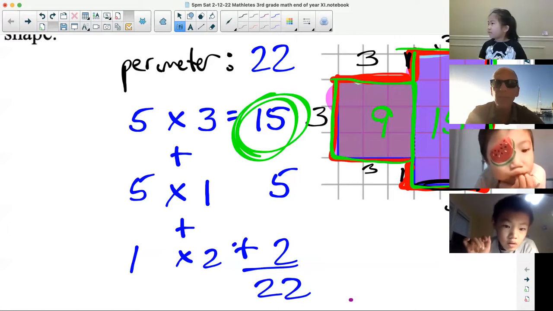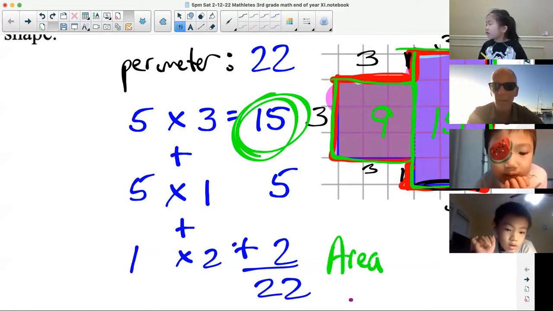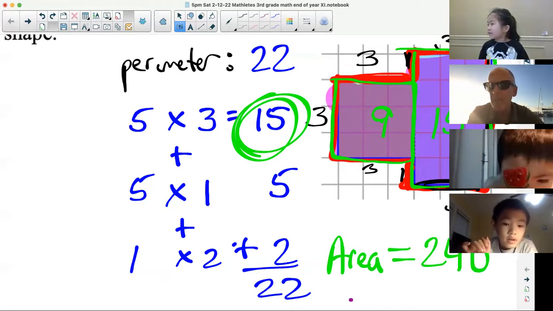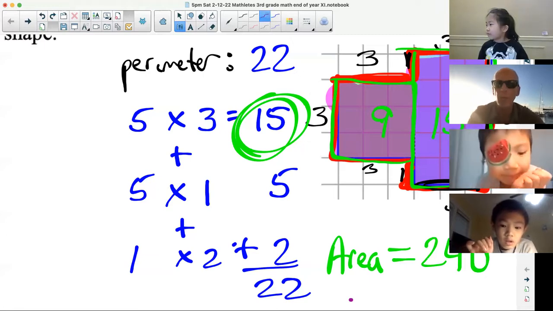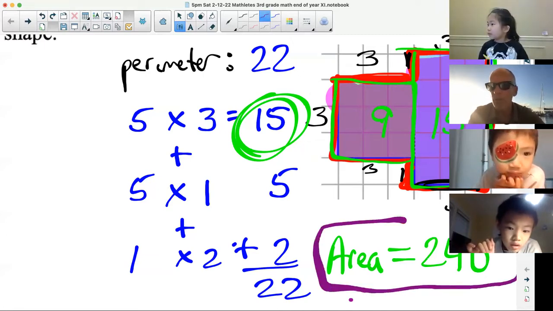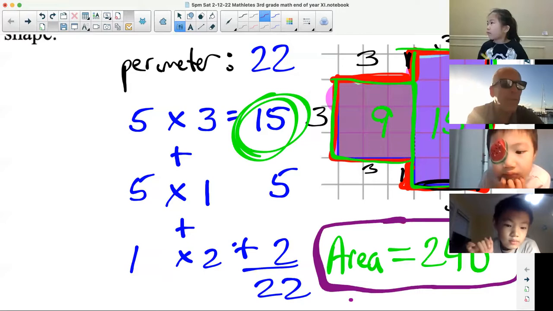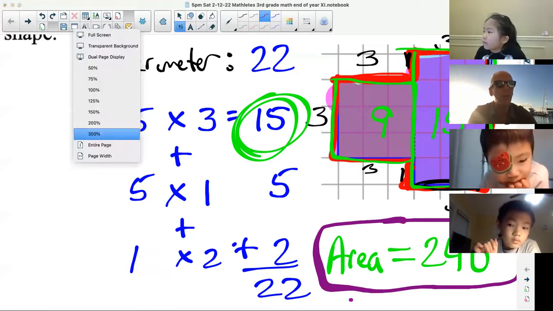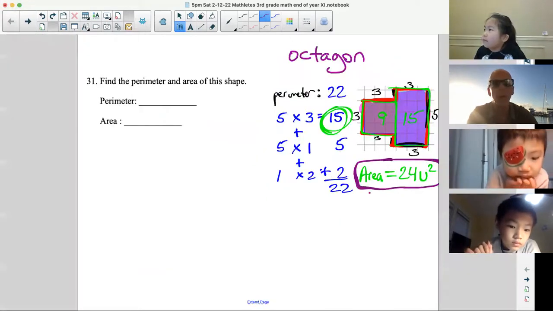And when you add 15 and 9, what do you get? 24. It's 24 square units, guys. That was great work. I'm so proud of you. That was such good work.